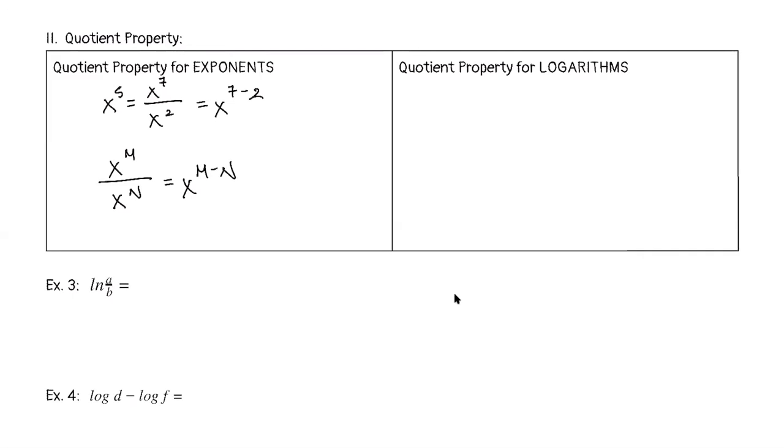Now, the same property holds true for logs. So if we use a numerical example, natural log of 20 over 2, okay?